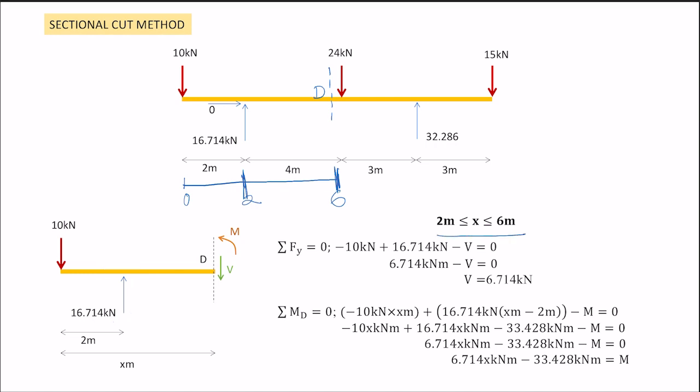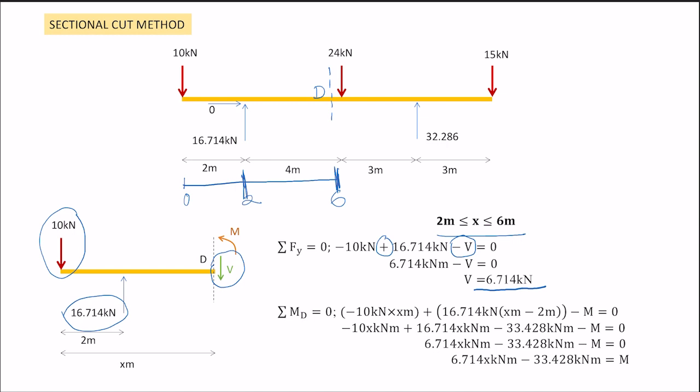Total Fy equal to 0. Negative 10 kilonewton ini referring to this one. It is downward force, meaning negative 10 kilonewton. And then you have the reaction going upward. Therefore, it is plus 16.714. And we have the shear force V going down, meaning jadi negative V. And you can simplify, you get the value of V positive 6.714.